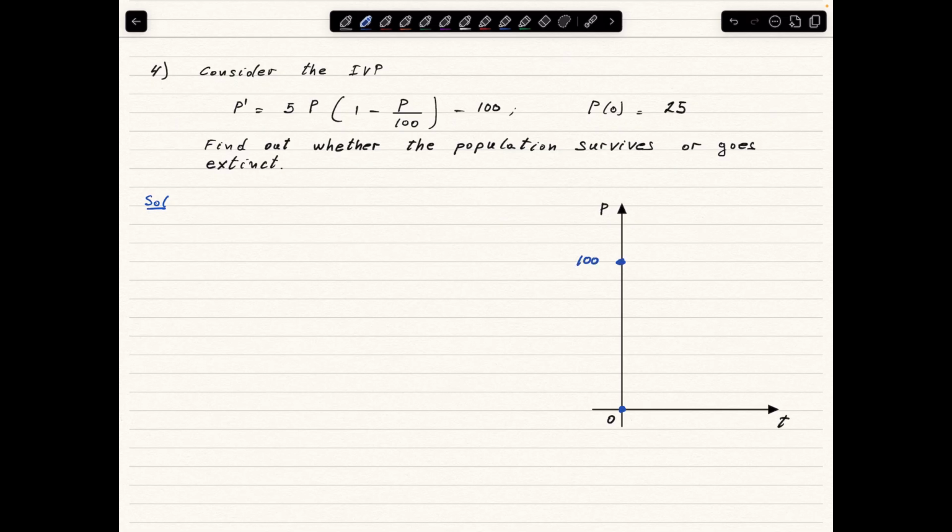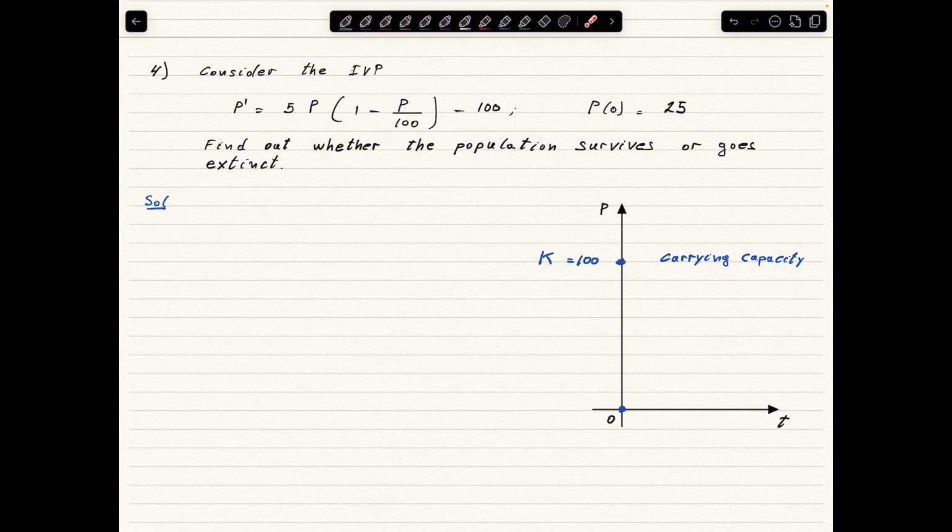is 100, which is essentially what we call in other videos K, and this is the carrying capacity, which is essentially the population that can be sustained by the finite amount of resources available when we have a population described by this logistic equation. Okay, these are two important points.